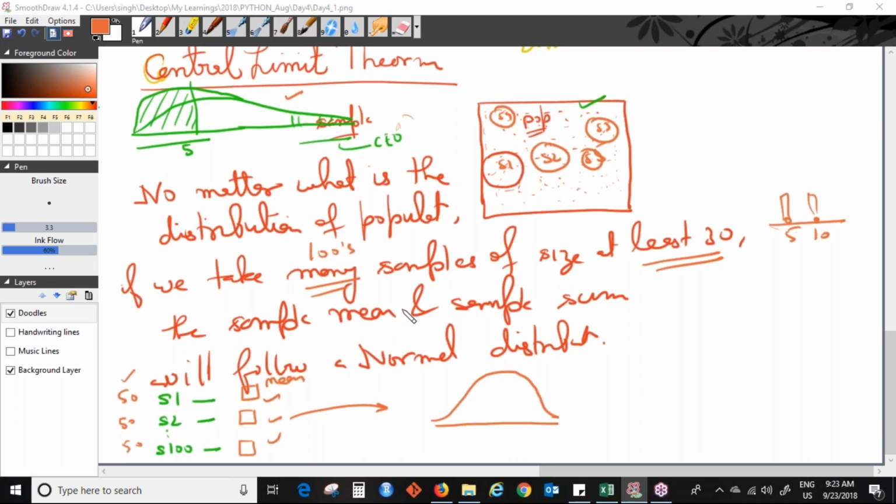So this is why the normal distribution is so famous in statistics, because eventually, even if your population is not following a normal distribution, you can always reduce that variable to a normal distribution by using the central limit theorem. Yes, Arpita, all the samples should be of equal size. Correct.